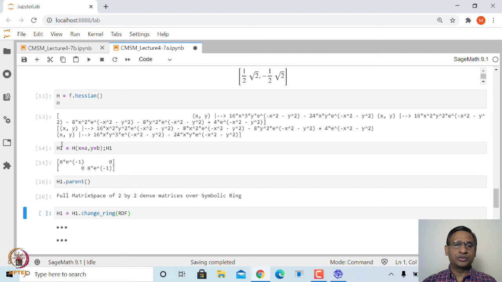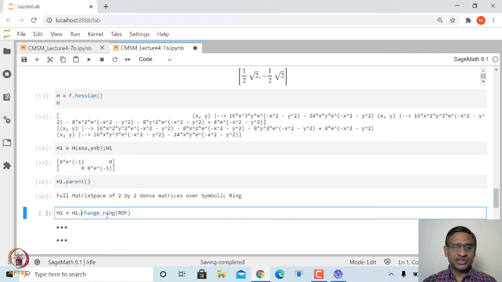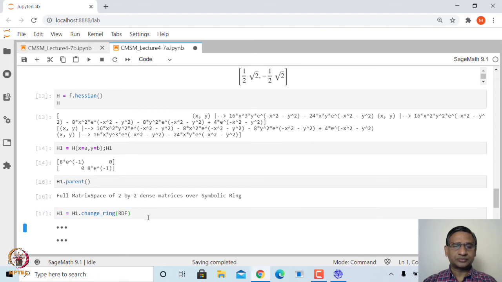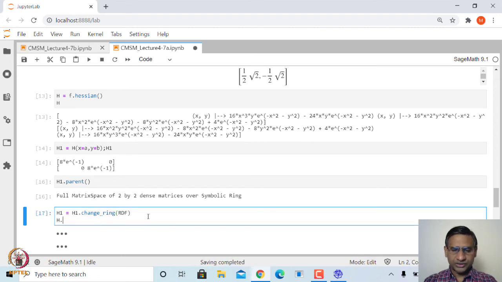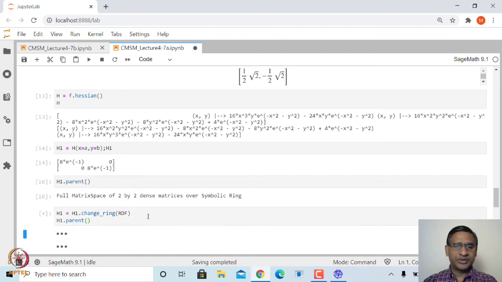So it will not be able to check whether it is positive definite or negative definite. That is why you change the ring, that is, the entries from which it is taken. Now if you look at h1 dot parent, this will be a real double field.